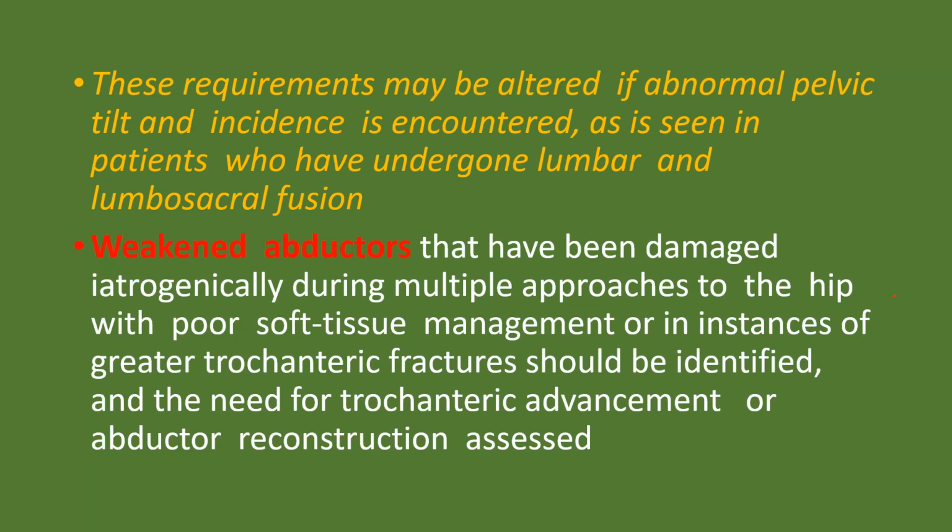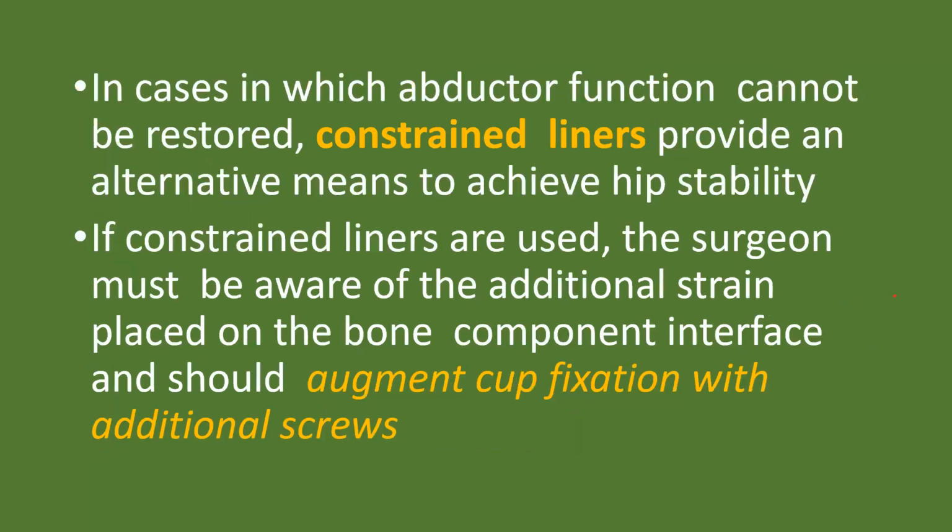Weakened abductors that have been damaged iatrogenically during multiple approaches to the hip with poor soft tissue management, or in instances of greater trochanteric fractures, should be identified, and the need for trochanteric advancement or abductor reconstruction assessed.